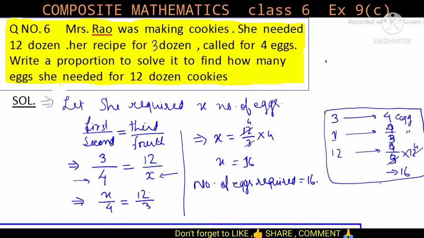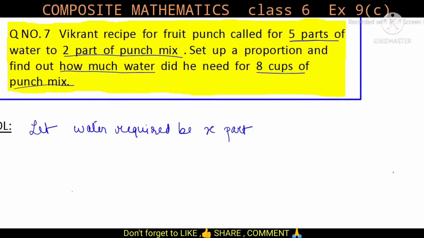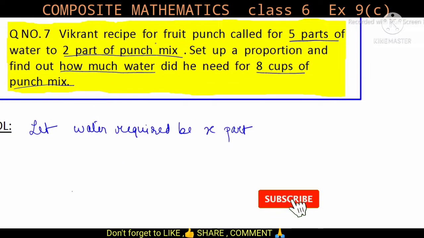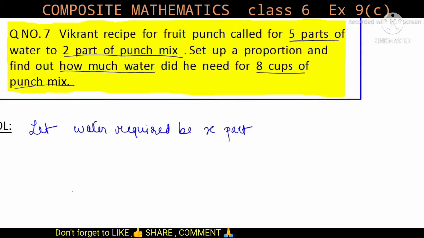So, now we are going to do question number 7. You see what is given in question number 7, that Vikrant's recipe for fruit punch called for 5 parts of water to 2 parts of punch, means for 5 parts of water Vikrant requires 2 parts of fruit punch mix. Now, set a proportion. We have considered the water required to be x parts.